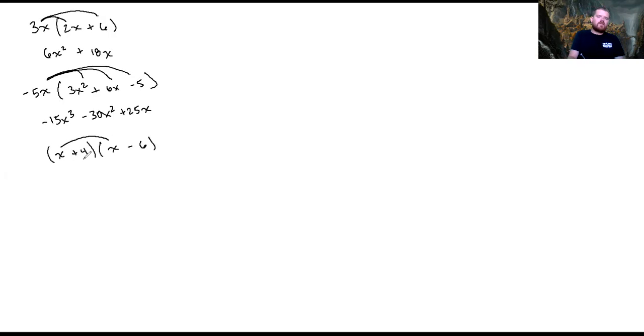So if you have something other than just a monomial in the front, you need to multiply each term separately through distributive property. So I would do here x times x, x times -6, and then I'm going to distribute the 4 and do 4 times x, and 4 times -6.